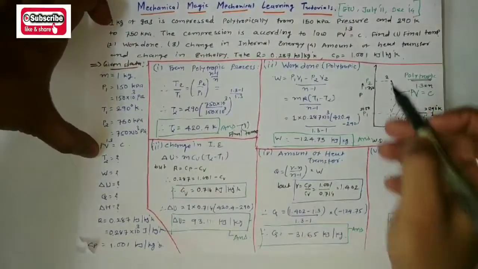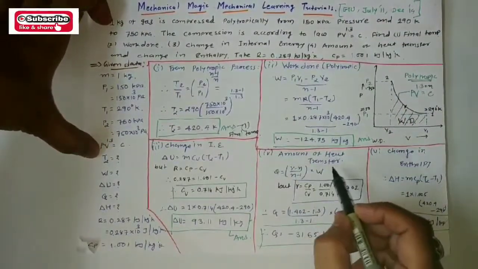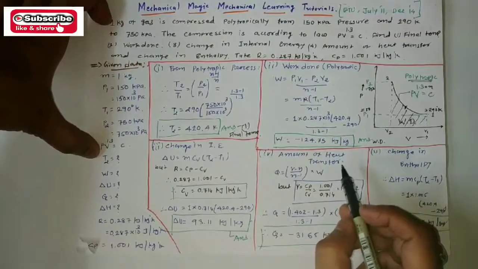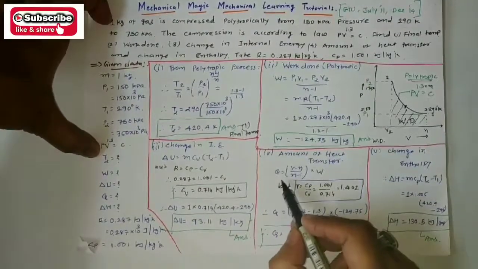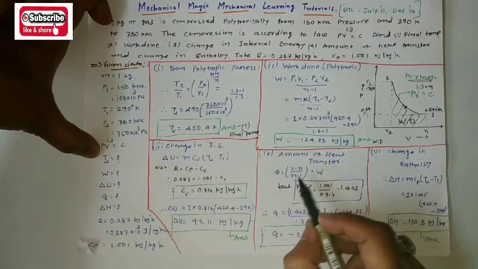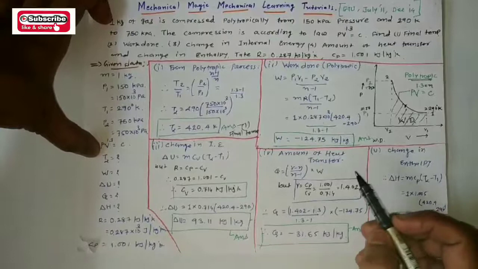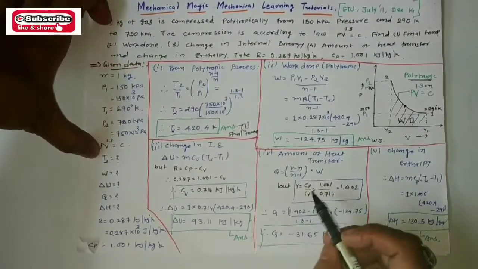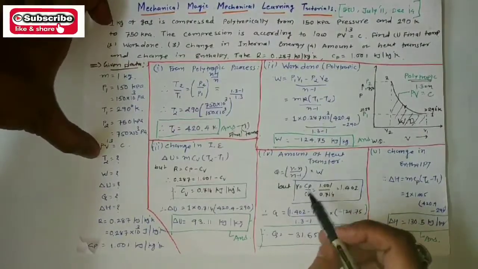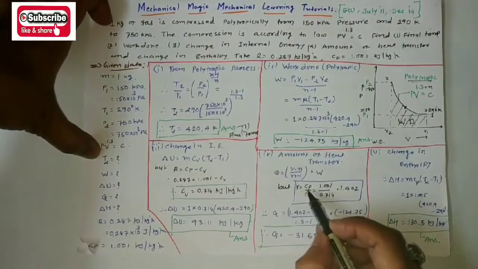Then the fourth one, amount of heat transfer. For the polytropic process the equation is Q equal to gamma minus n upon n minus 1 into work done. Once again, to find the value of gamma, since Cp and Cv are given, gamma is nothing but Cp by Cv.